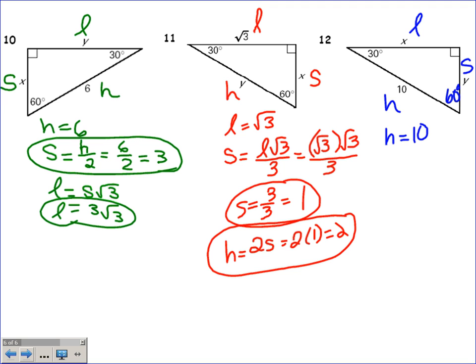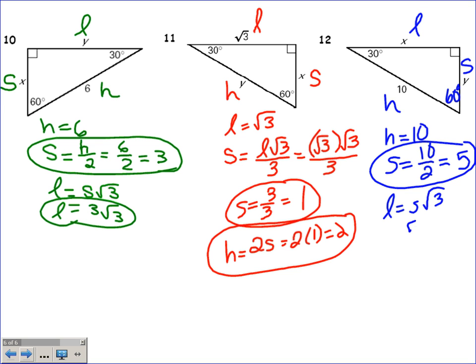What do I find next? Five. Okay. Yeah, it's always that times the square root of 3, so that's 5 times the square root of 3 is my long leg.